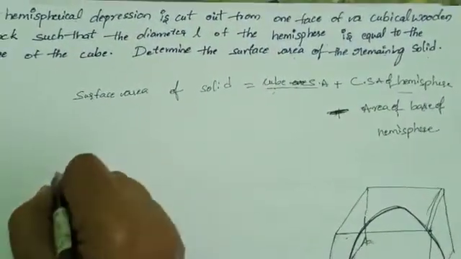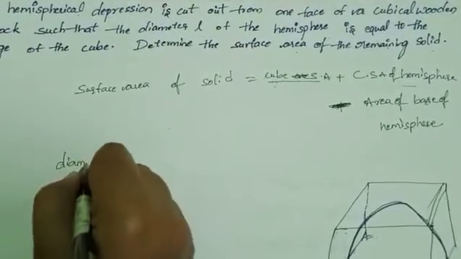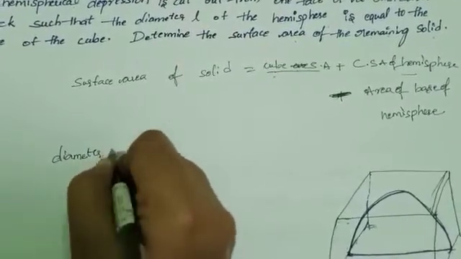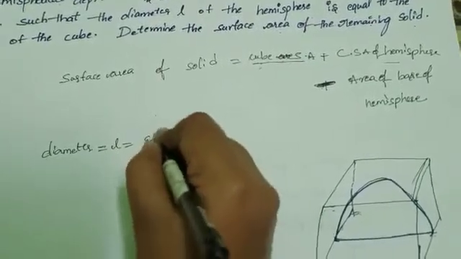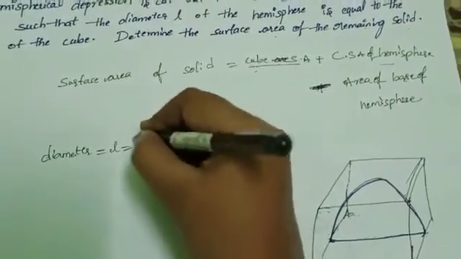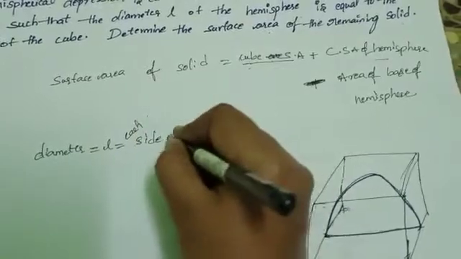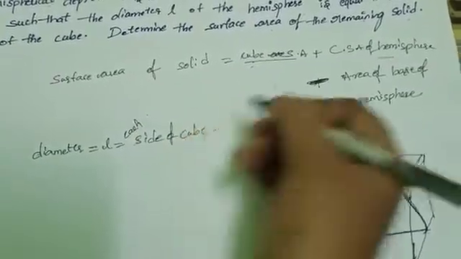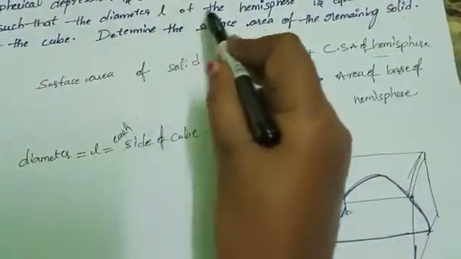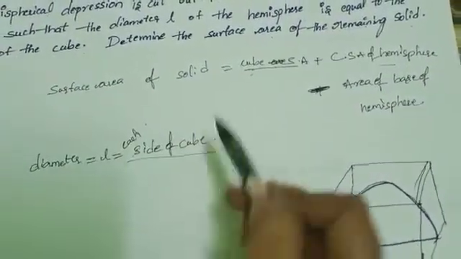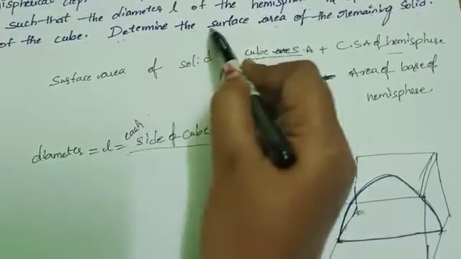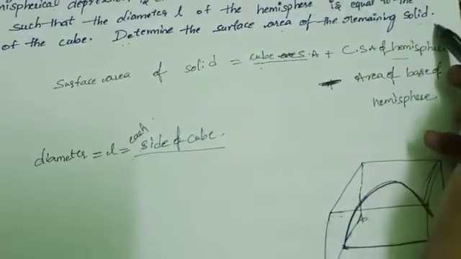So here the diameter equals L, which is equal to the length of each side of the cube. The diameter L of the hemisphere is equal to the edge of the cube. Determine the surface area of the remaining solid.